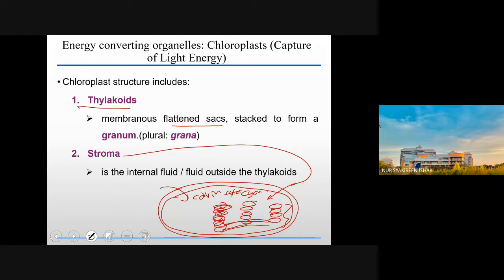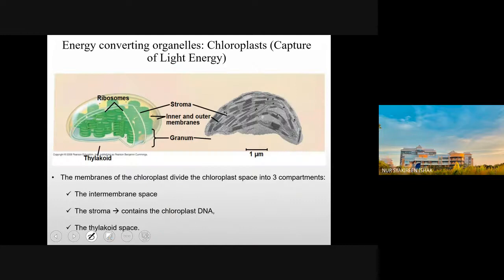Okay. So semua part dalam organelle chloroplast and also mitochondria will have its own specific role in the process of cellular respiration for mitochondria and also photosynthesis in chloroplasts. Okay.